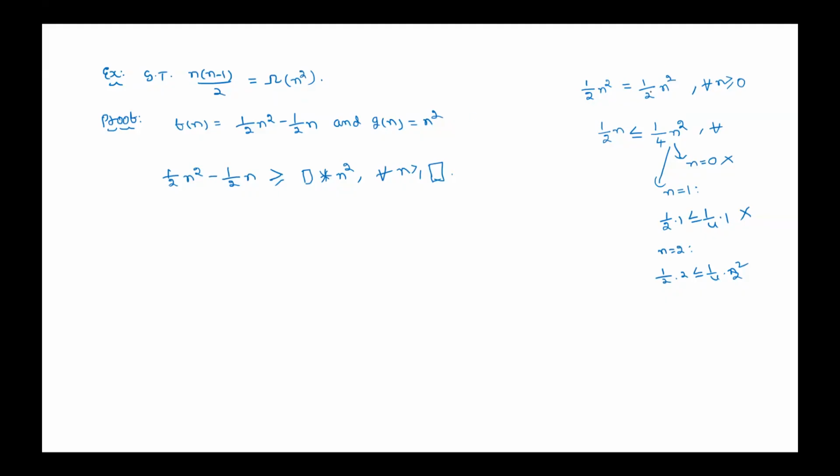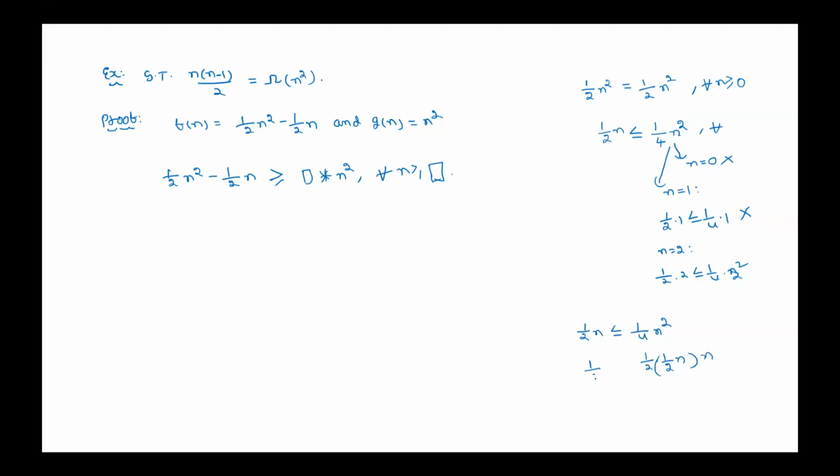1 by 2 into n square is the same as 1 by 2 into n square. This is true for any n greater than or equal to 0. Now, 1 by 2 into n, is it less than or equal to 1 by 4 into n square? I can write 1 by 4 into n square as 1 by 2 into 1 by 2 into n square.